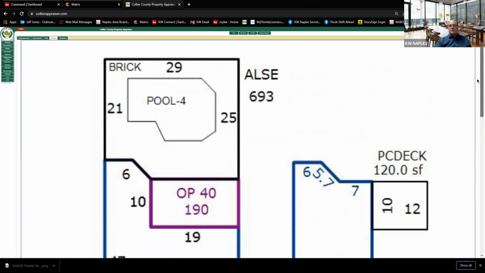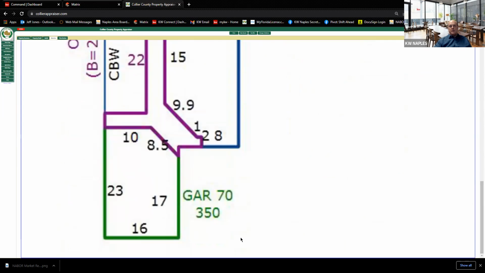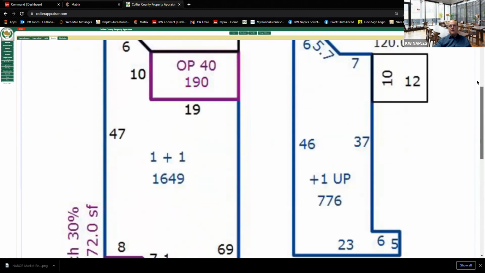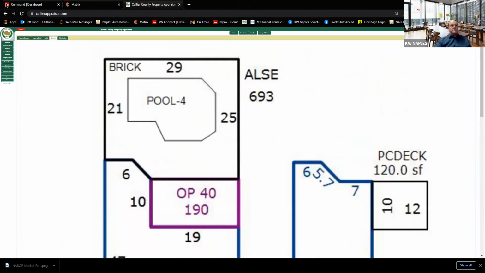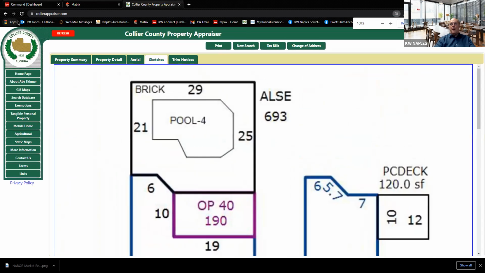So you can start to see what's going on with the property. You can take a look at the size of the garage. All of these areas that are not in blue are not considered part of the living area, the air conditioned space. So I'm just trying to learn as much as I can about the property before I write this offer.